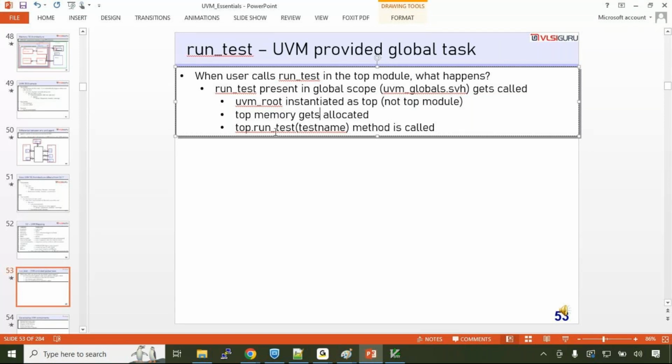And the top run test method gets called. Below the top also, there is one more method called run test that gets called. In summary, the process of test case execution starts with this. When you call run test, the process of test execution gets started.